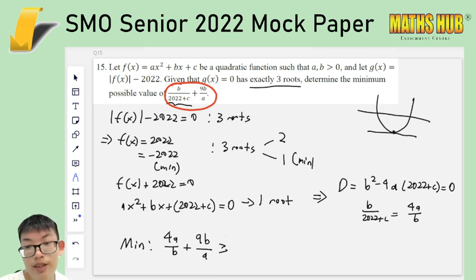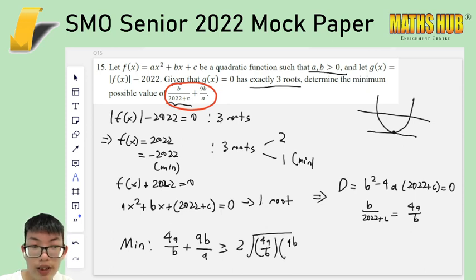Right? This plus this, both are positive, so we don't have to worry about dividing by 0, we don't have to worry about negatives. So this is greater than or equal to 2 times the geometric mean. I can place this in directly because they're all positive, but more importantly, it is nice to place them in because a over b and b over a will cancel out. So the minimum value is 12.